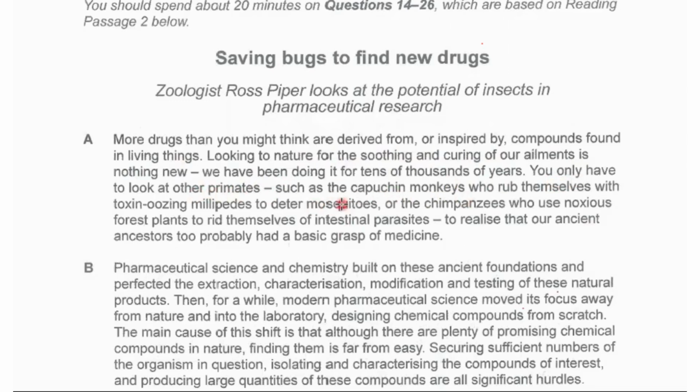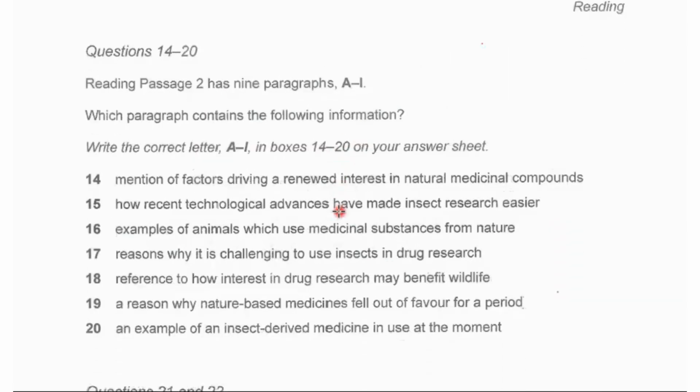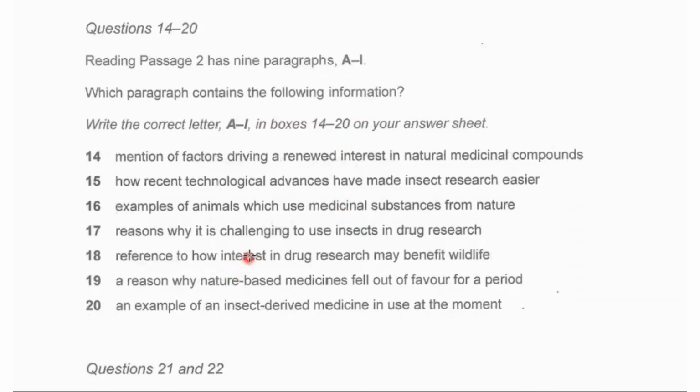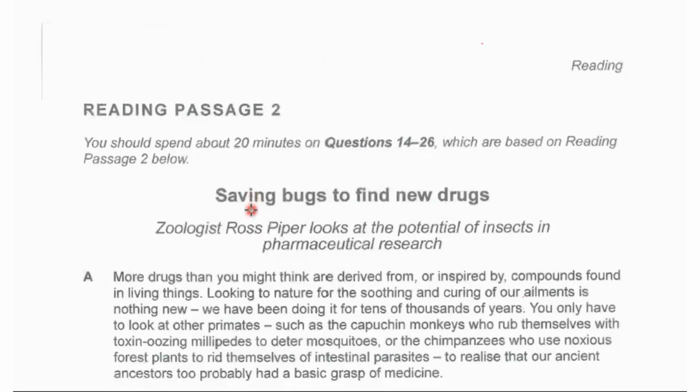Okay? Looking to nature for soothing and curing our ailments is nothing new. We have done it for thousands of years. We only have to look at primates. Capuchin monkeys rub themselves. That's our answer to number 16, examples of animals that use medicinal substances from nature. So we need to look for 2 or 3 animals in that paragraph.